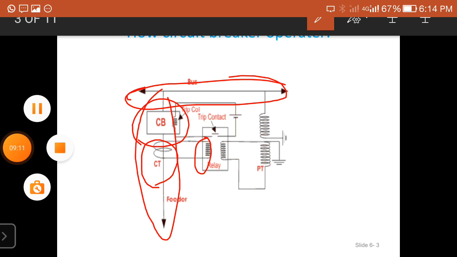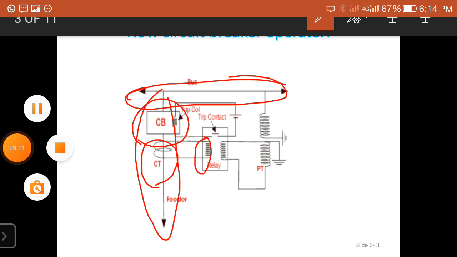Next, suppose a fault is obtained in the feeder line, at this point. In that case, current flows through the CT. Under fault condition, the fault current flows through the CT secondary to the relay coil.